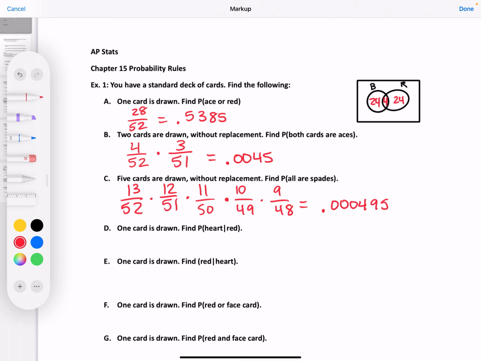That's what I'm saying, these problems are very weird. They're fun, I like them, but they're weird. Because you have to think, you're taking one card out, and they're saying that all are spades.